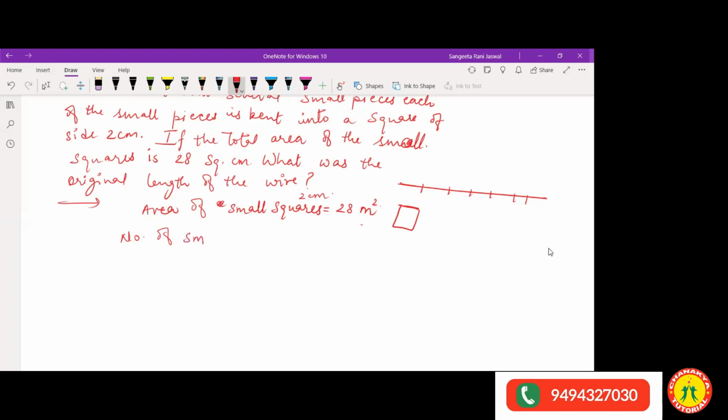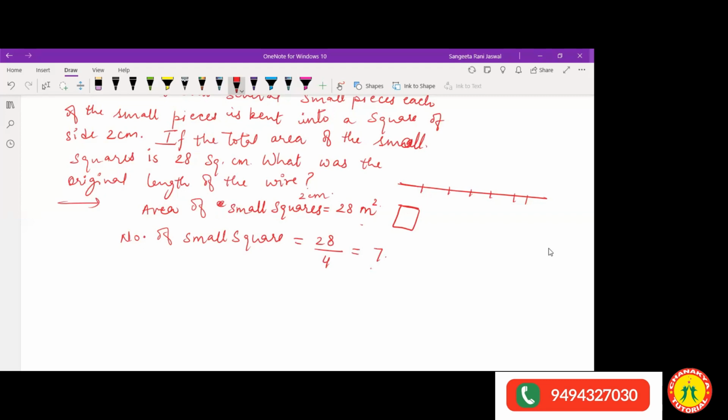I am finding out the number of small squares. So how many are the total squares? That will be 28 upon area of one square, that is 4. So that means 7 small squares are there. Okay, 7 squares.